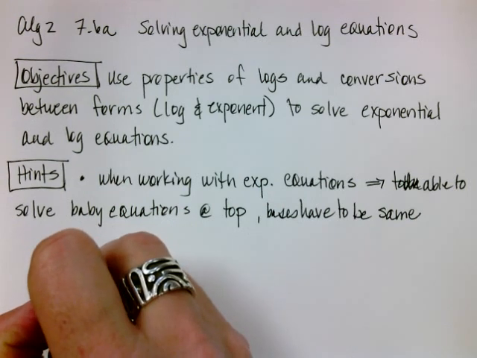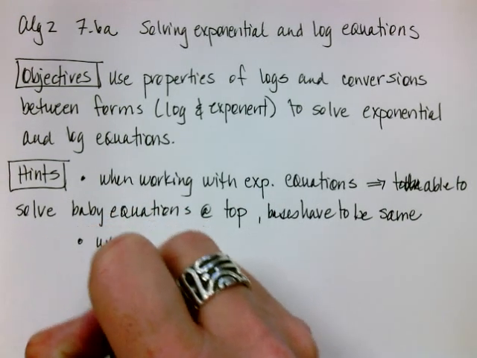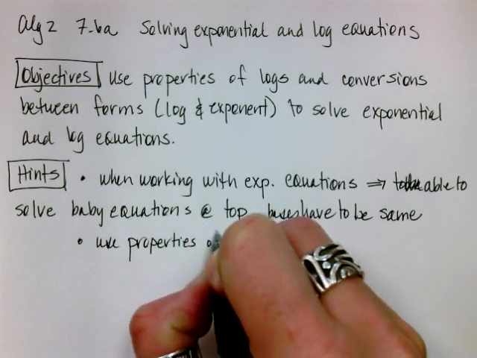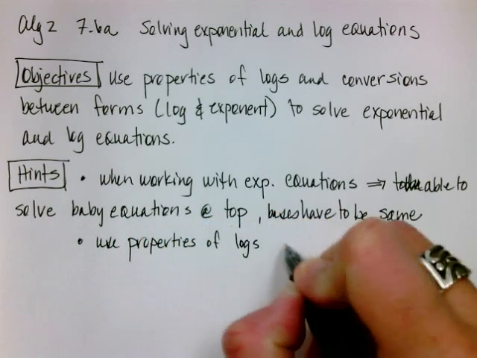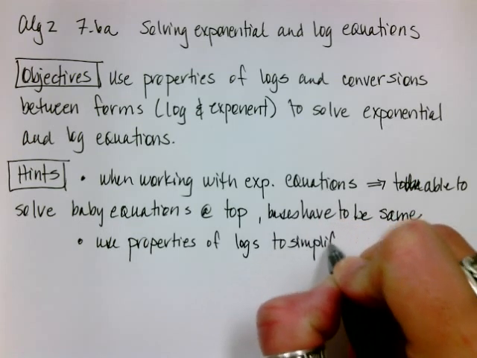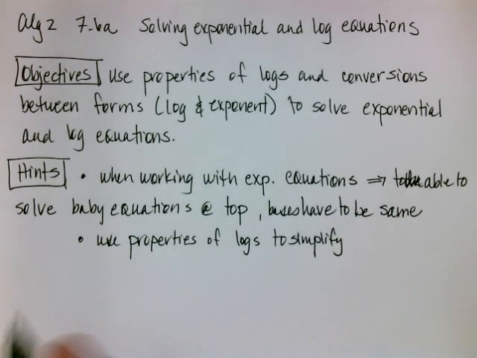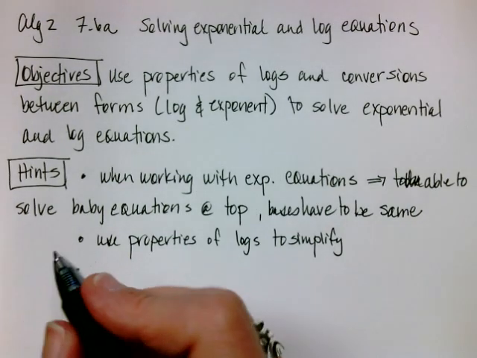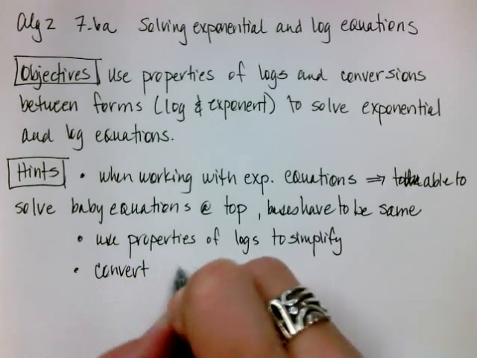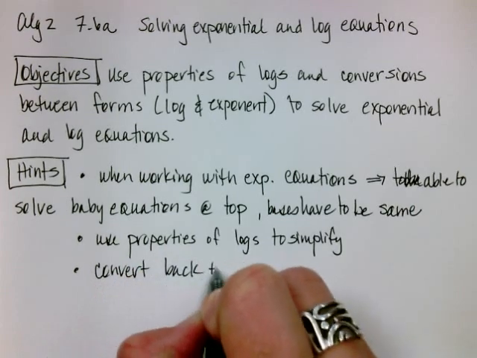So anytime that you're working with exponential equations, your bases do have to be the same. You can use properties of logs to simplify an expression, and then you could use other methods after that. You can convert back to exponent form.